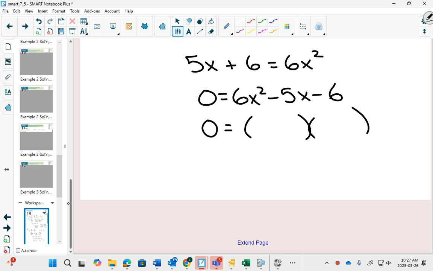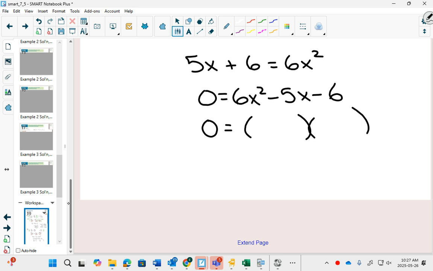All right. Does it look like it's an easy one to factor? Maybe we try factoring, maybe use quadratic formula. What makes this one hard for factoring is that we have 6, which has 2 options, 2 and 3, 6 and 1. And this 6 has 2 options, 2 and 3, and 6 and 1. So unless you can go through a bunch of mental math things in your head, you may choose the quadratic formula.